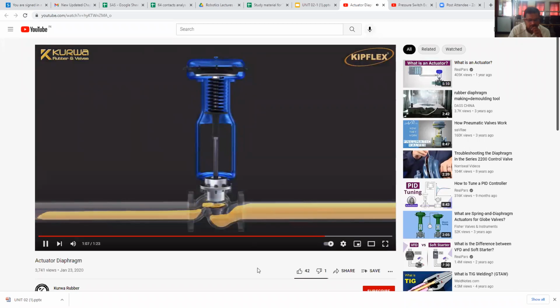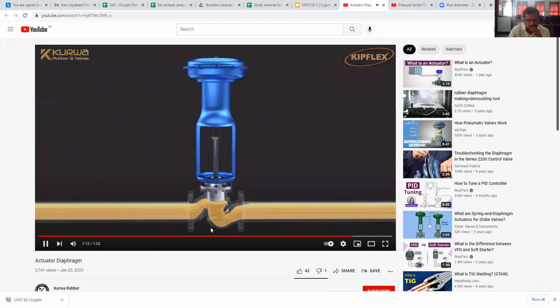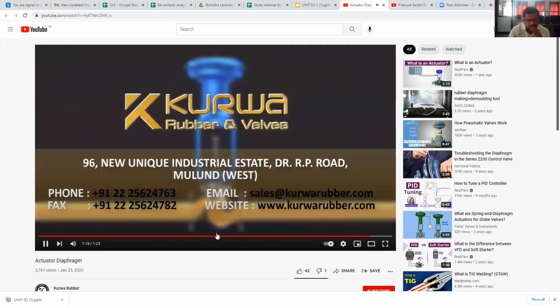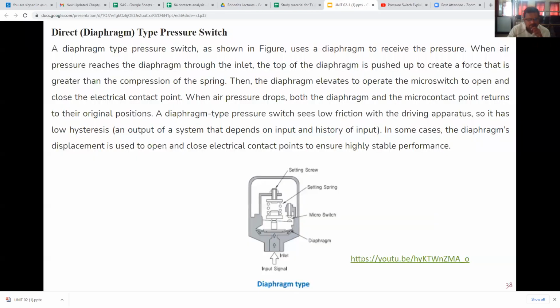Once the diaphragm comes down, this valve is closed. Therefore, this is a diaphragm type pressure switch.